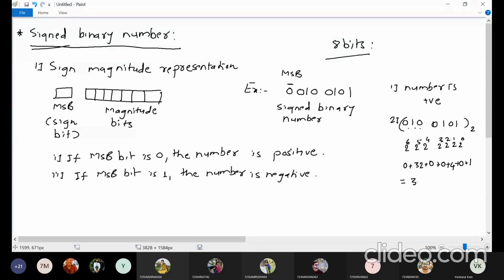So the value is 37. Is it okay? So the result is a positive number, 37.